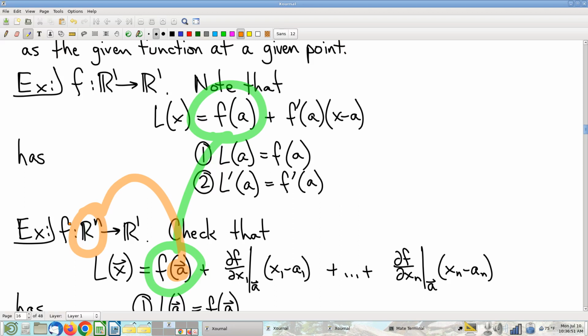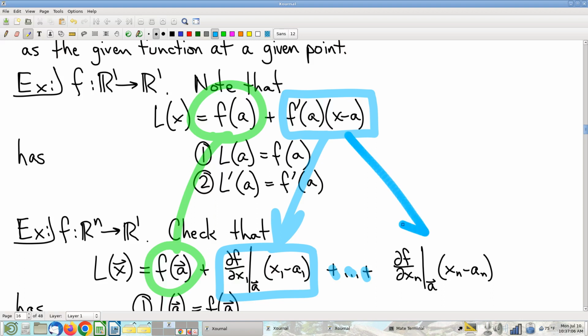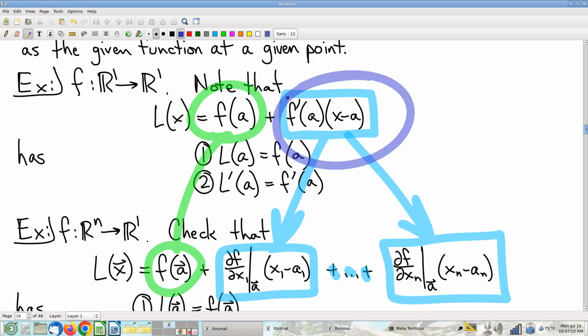Okay, so it's got the same kind of first term, and then it doesn't have exactly the same kind of second term, but do notice that something kind of like that is there. And et cetera, and then something kind of like that here. You basically get one of these terms, a term that looks kind of like that, one for each of the input variables.